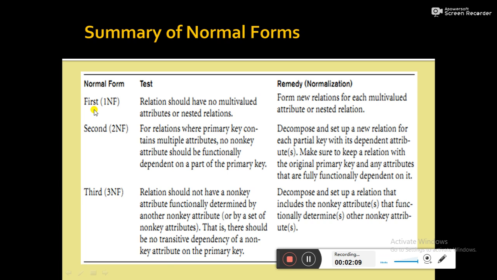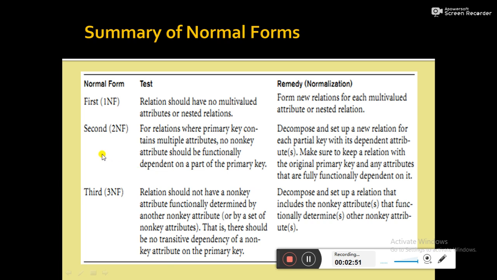But if it has a multi-valued attribute or a nested relation, then we have to convert it into 1NF. How to convert it? We have to form a new relation for each multi-valued attribute or each nested relation. That means the multi-valued attributes or nested relations appearing in the relation, we have to remove into a separate relation.